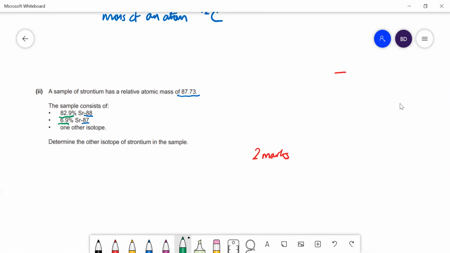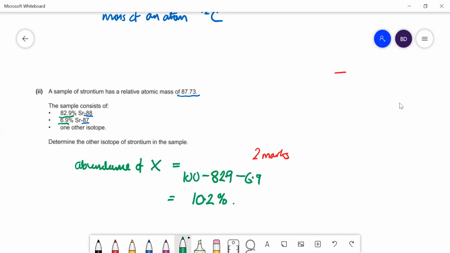So the abundance of the isotope, let's call it X, is going to be 100 minus those. So that's 100 minus 82.9 and minus 6.9, which is equal to 10.2%. So that's the abundance of X.